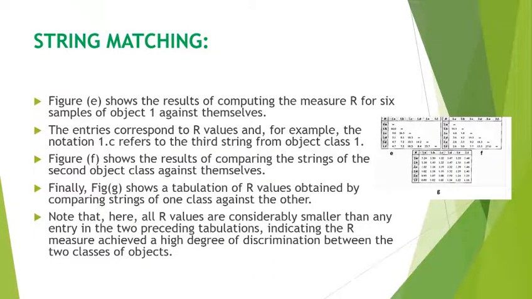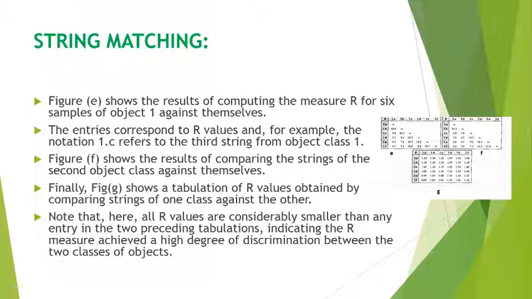Here, if we see the images E, F and G, image E represents the results of the computation of similarity of 6 samples from object 1 with itself. If we observe 1.a and 1.a, these are the same, so they will have a similarity of infinity, as I have discussed earlier.